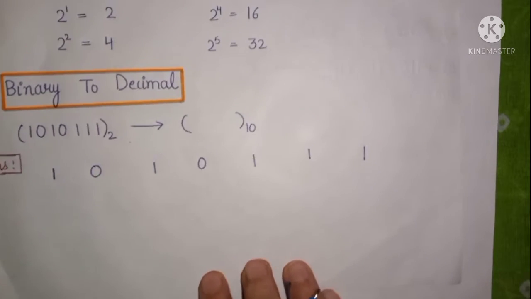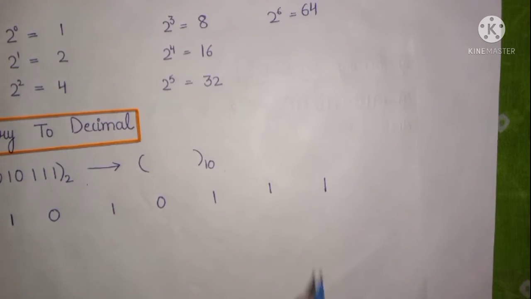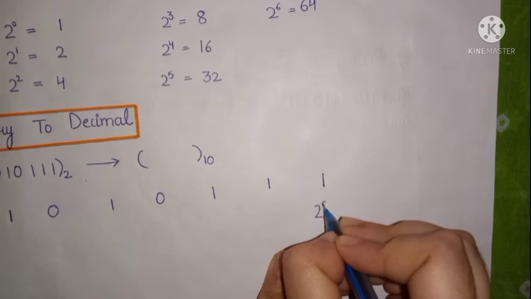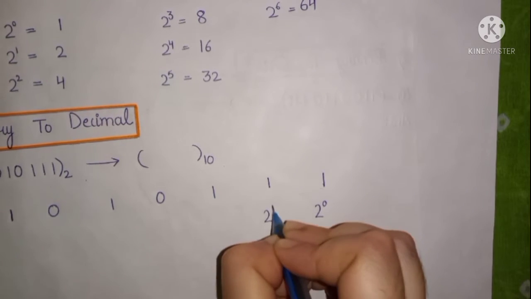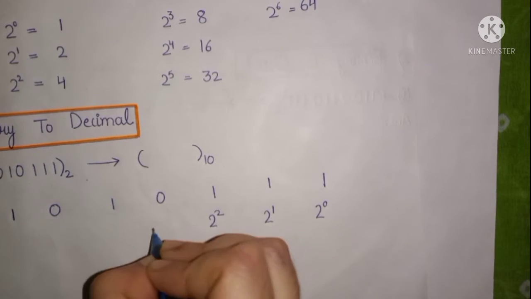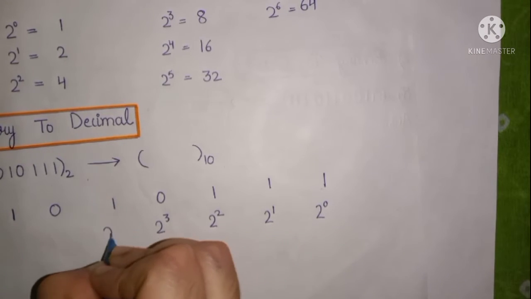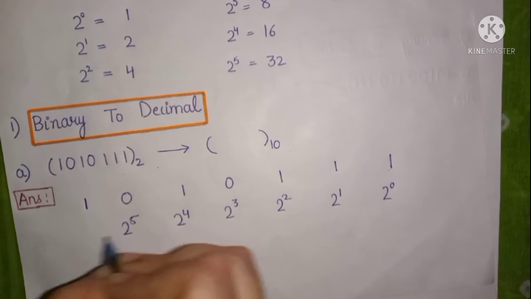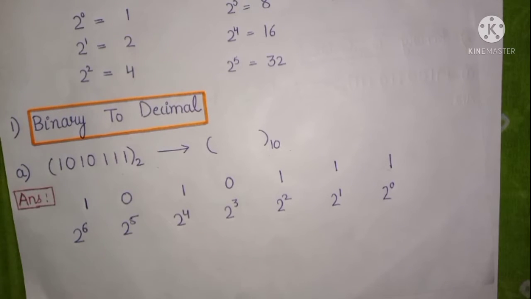Okay, then what we have to do: below it we write 2 raised to the power 0, then 2 raised to the power 1, 2 raised to the power 2, 2 raised to the power 3, 2 raised to the power 4, 2 raised to the power 5, and 2 raised to the power 6.